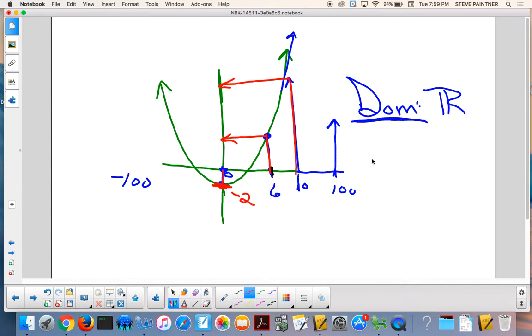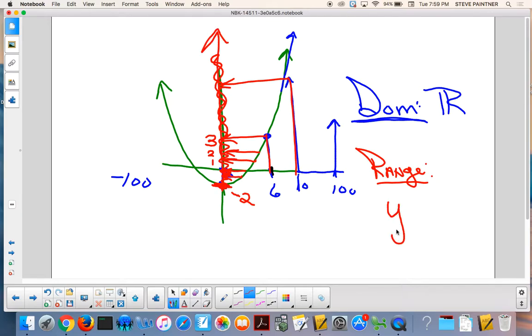So then the range, if you look at the drawing I just drew, negative 2 comes out, but so does negative 1, so does 0, so does 1, so does 2. So if this is 3, 2, 1, these are all coming out. So when you look at it, it's all the y's this way. So we'd say all y's will be greater than negative 2.